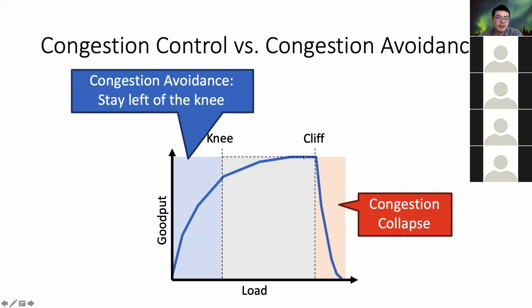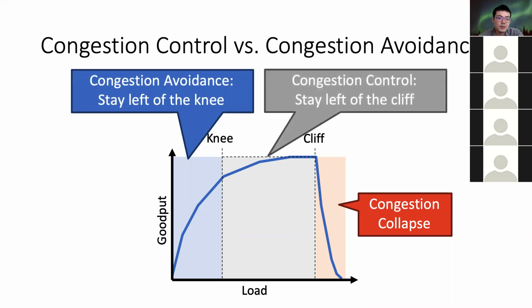You don't go beyond the knee, on the left of the knee. So this is really conservative. Congestion control, which is what TCP is doing, says, hey, you don't go to the red zone. You keep on the left hand side of the cliff, not the right hand side of the cliff. Congestion avoidance is keeping on the sweet spot, don't even go beyond the knee. So that's the concept.